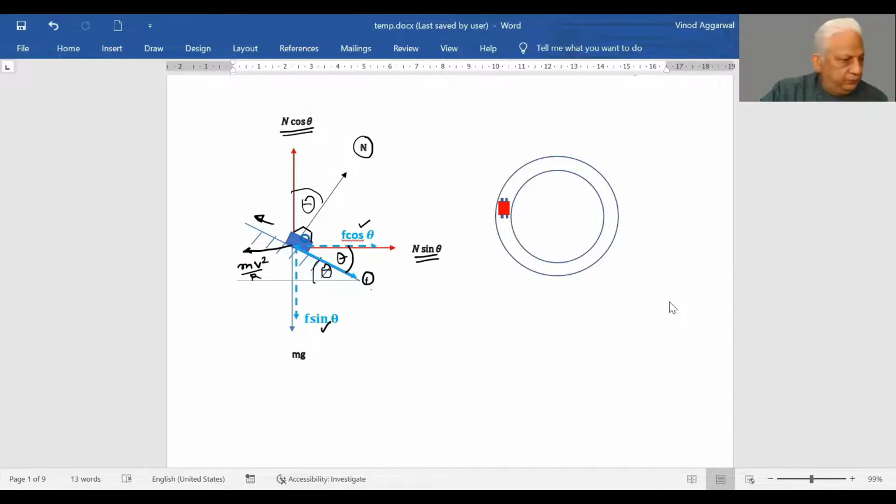Now let's start making some equations. First thing is, let's compare the equation in the vertical direction, which is N cos theta is equal to mg plus F sin theta.